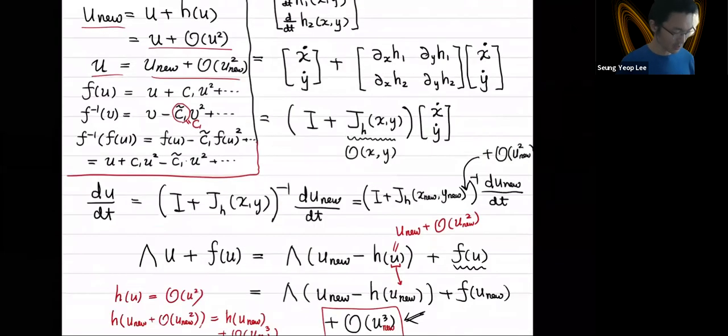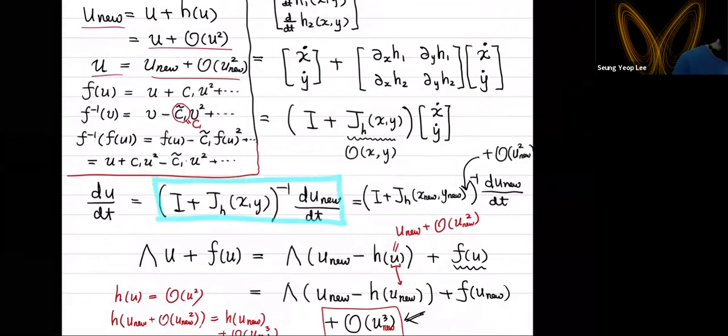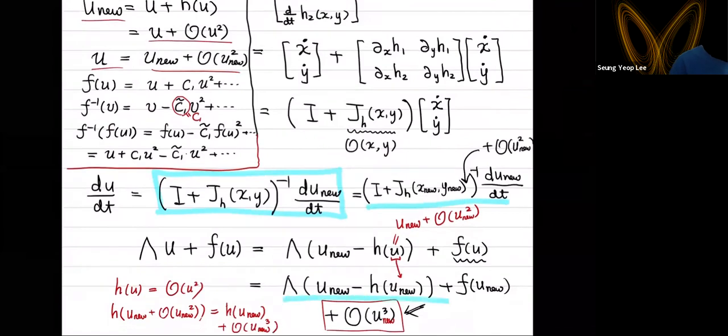Okay, so now let's combine. So this is the left-hand side, and the right-hand side is this one. 1 plus JH inverse. Now let's move on to the next page. Identity plus JH of x nu y nu.